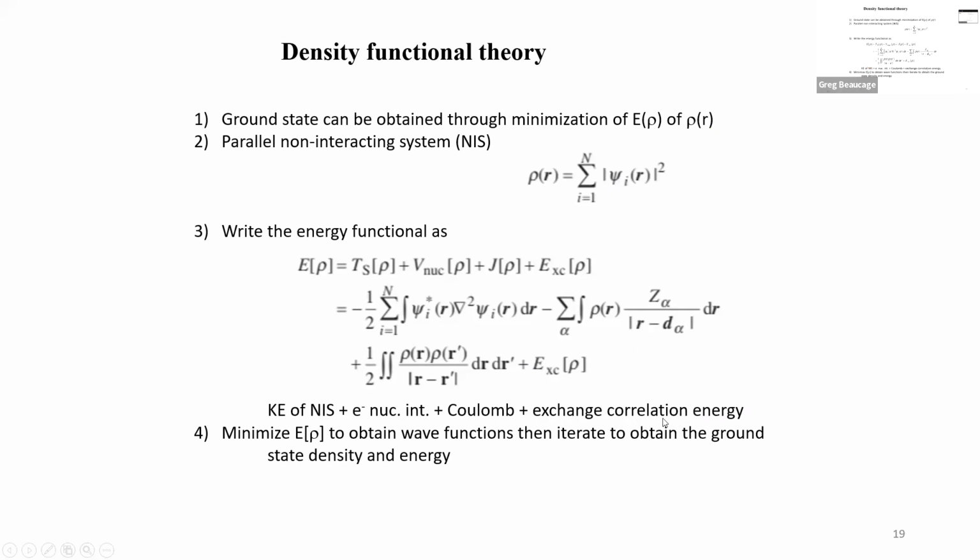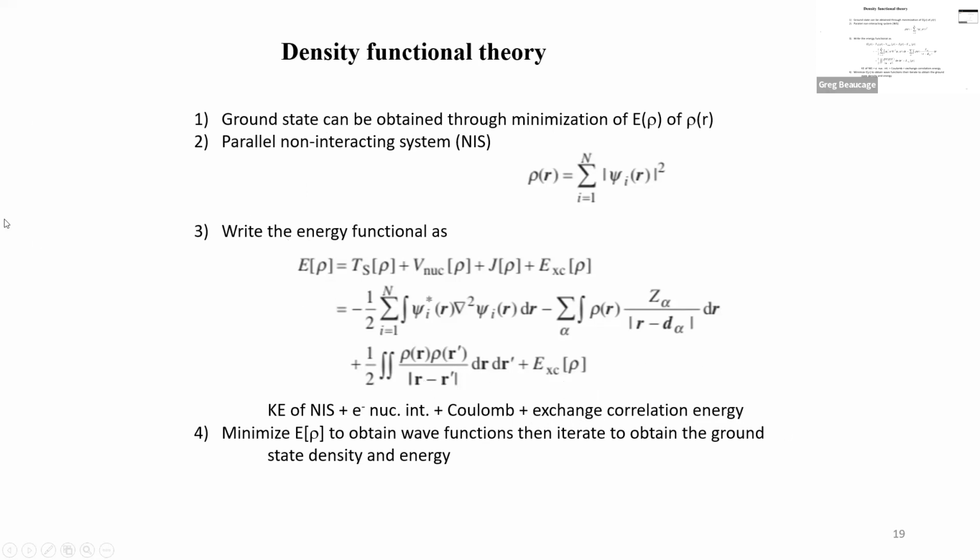And the correlation energy is the interaction energy between the electrons in the electron clouds. So this whole term you don't know, but it's a constant. How you solve that is one of the main issues of density functional theory, this exchange correlation energy.